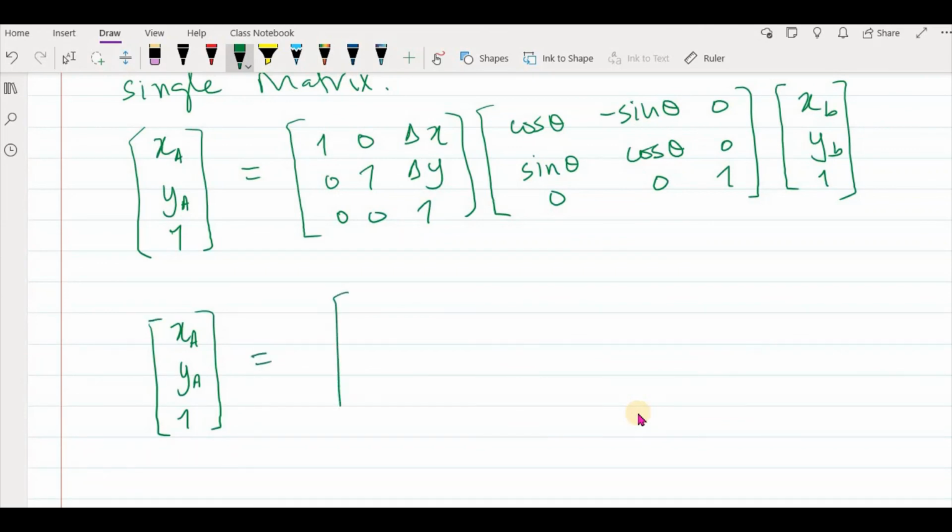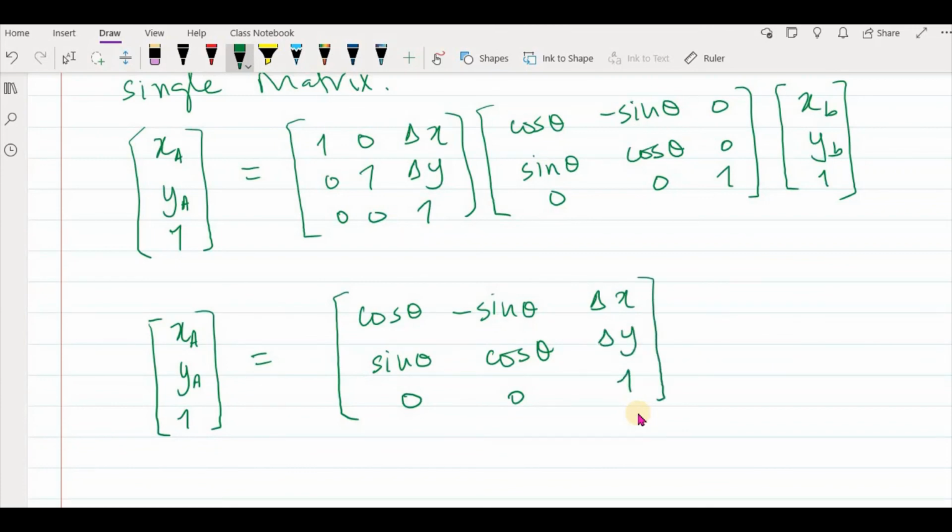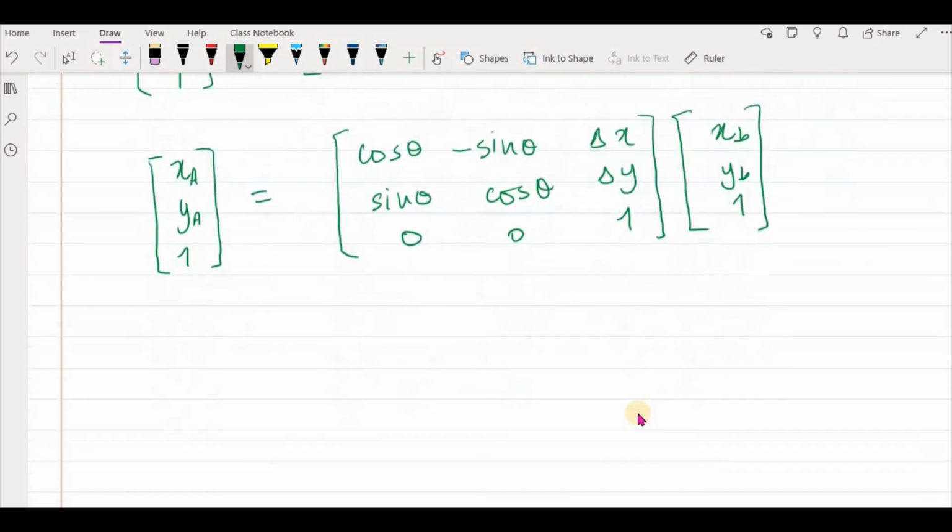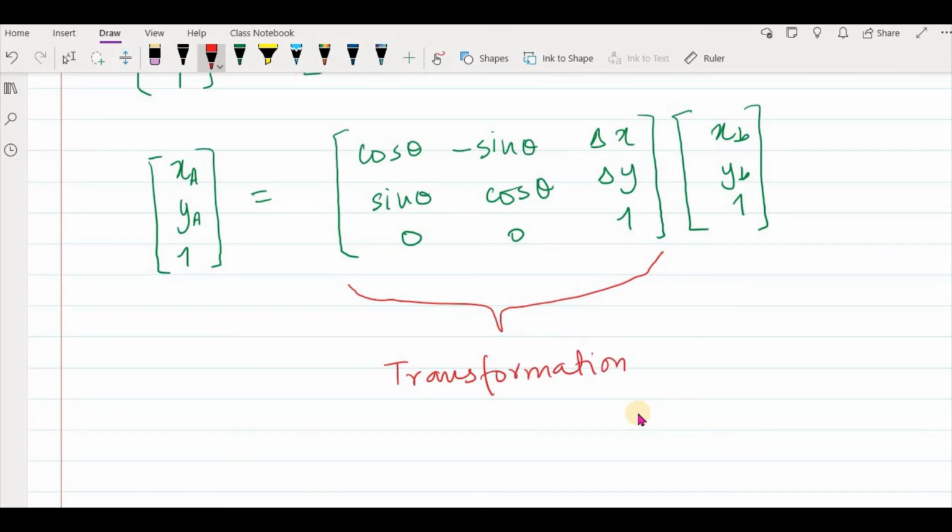It will look something like this: cosine theta, minus sine theta, delta x; sine theta, cosine theta, delta y; 0, 0, 1. This matrix we call the homogeneous transformation matrix.